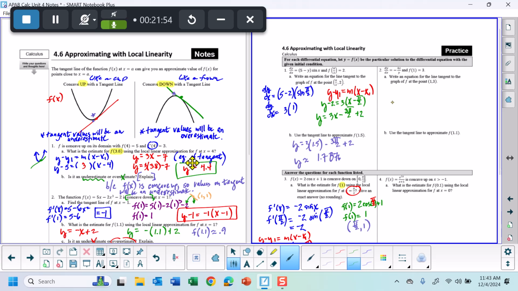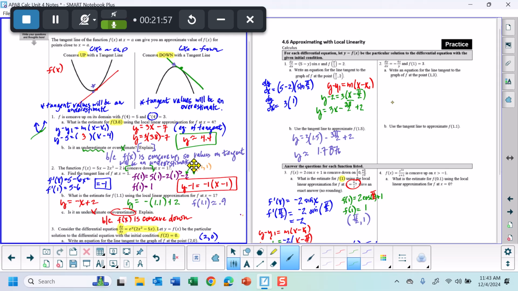And then we can know whether our estimates are over or under estimates by looking at the concavity. The concavity is how the graph is shaped, and we're going to talk about this more next unit. If the shape is up like a cup, it's a positive concavity. If it's down like a frown, then it's a negative concavity.